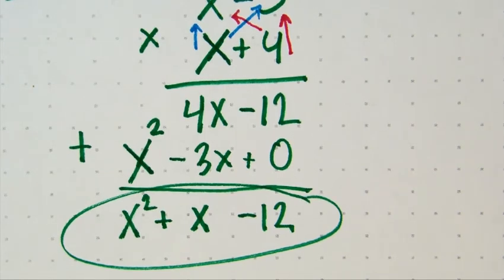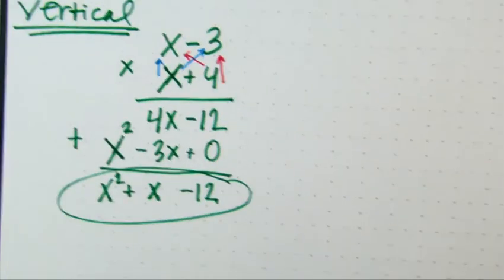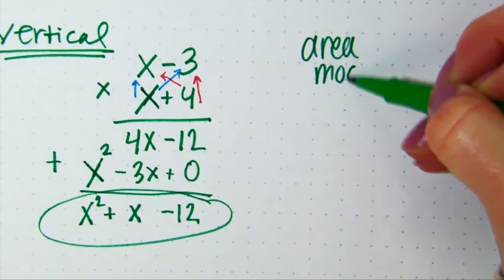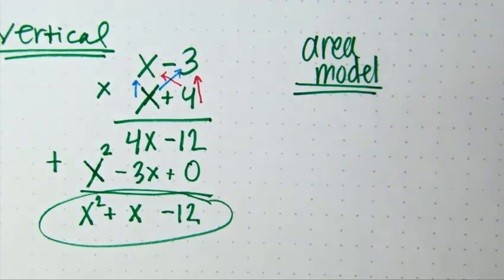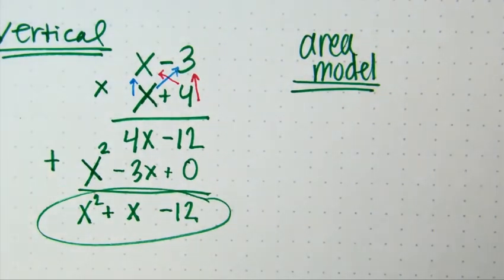Okay. The third method that I want you to see is with an area model. In elementary school, it might have been called an array, if you guys remember that.